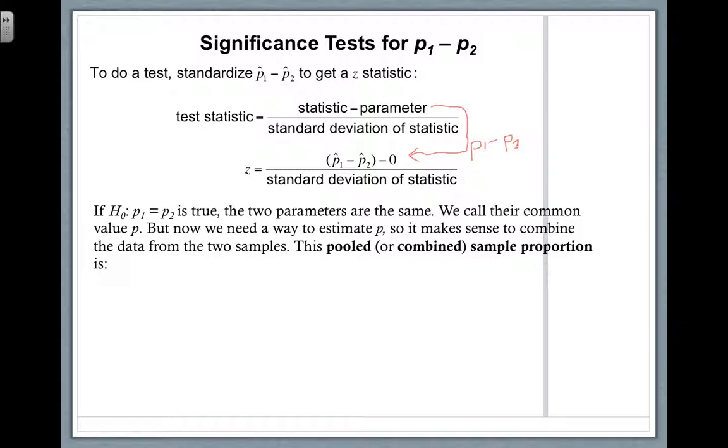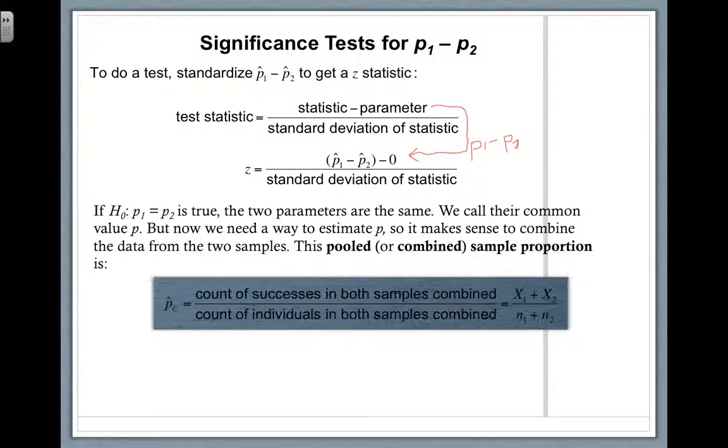This pooled or combined sample proportion is found by taking the successes in both samples and combining them, and taking the total number in both samples and combining them.